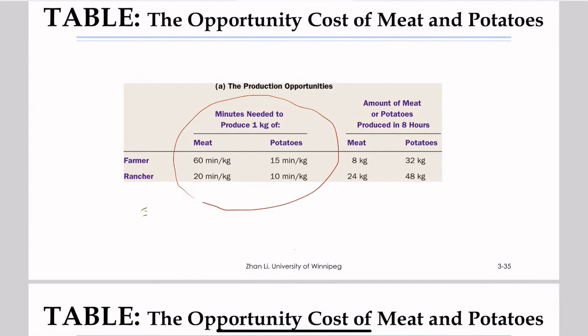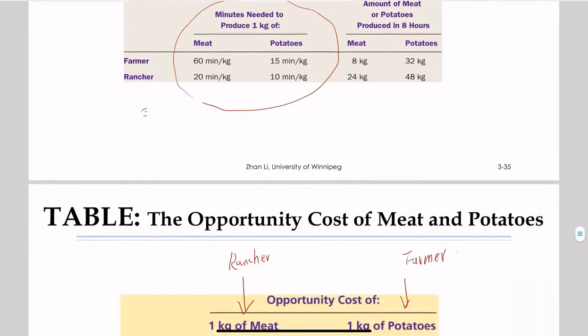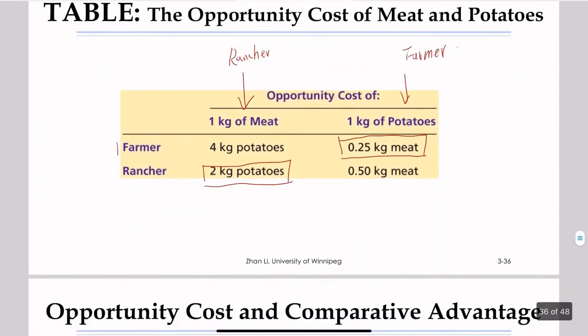So we basically need to calculate the farmer's and rancher's opportunity cost, right? So this is the table which gives you the opportunity cost. And after comparing opportunity cost, we find out the rancher actually has lower opportunity cost in producing meat.